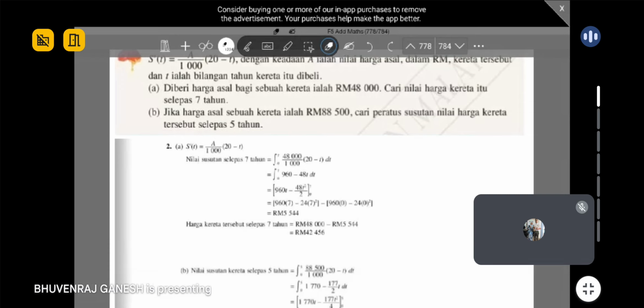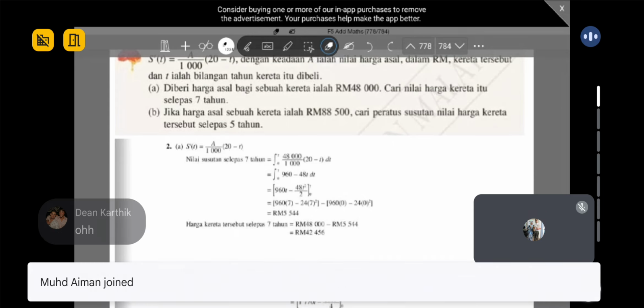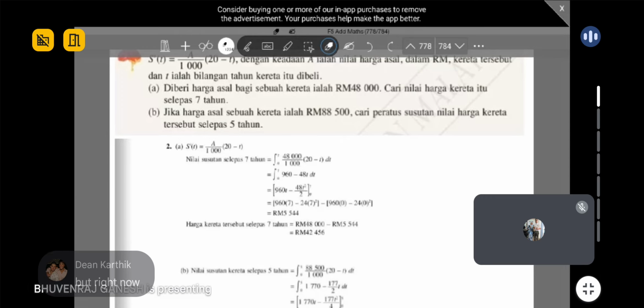Buku teks is more on the basics, but this one will support how you do your past year. So you can also start from buku teks if you feel like your basics are not so strong. But if you feel like your basics are very good already, you go straight to past year. Kalau kamu rasa kamu bagus dah, terus past year. Kalau rasa tak bagus, buat buku teks dulu.